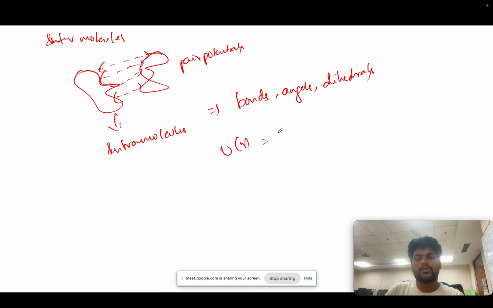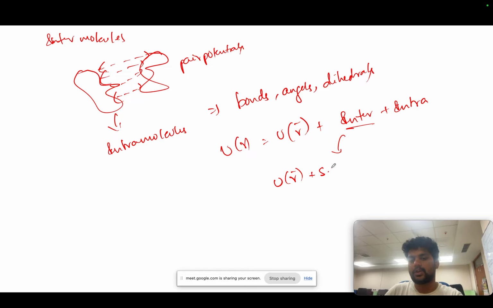So now the U of R will be U of R plus inter plus intra. Inter means the short range when the molecules are too closely near to each other, and when the molecules are far away. And then we have the bonds, the dihedrals, the angles.